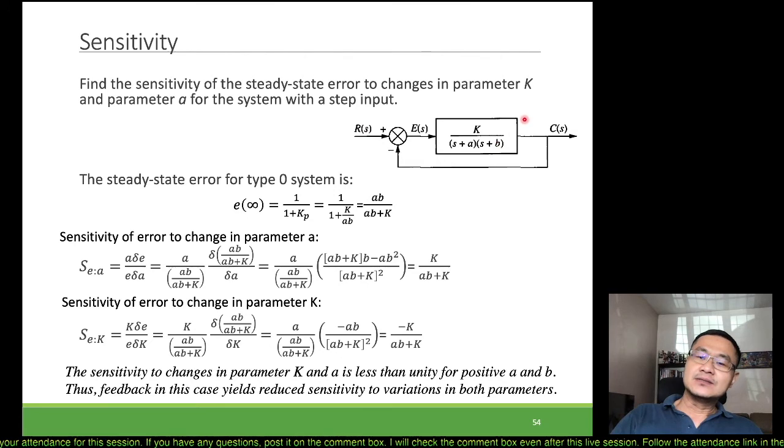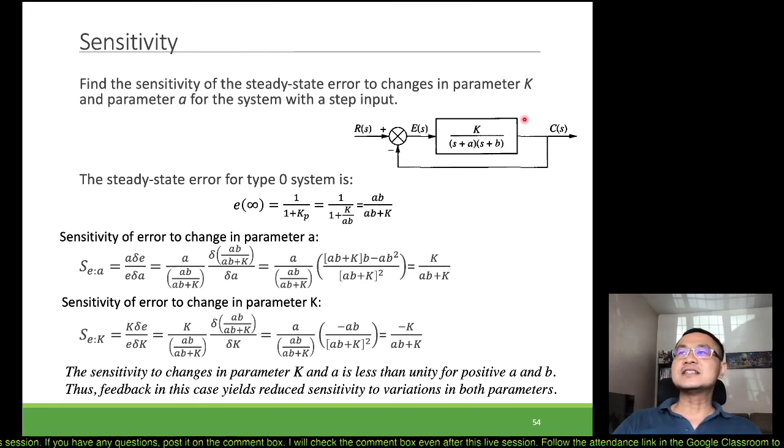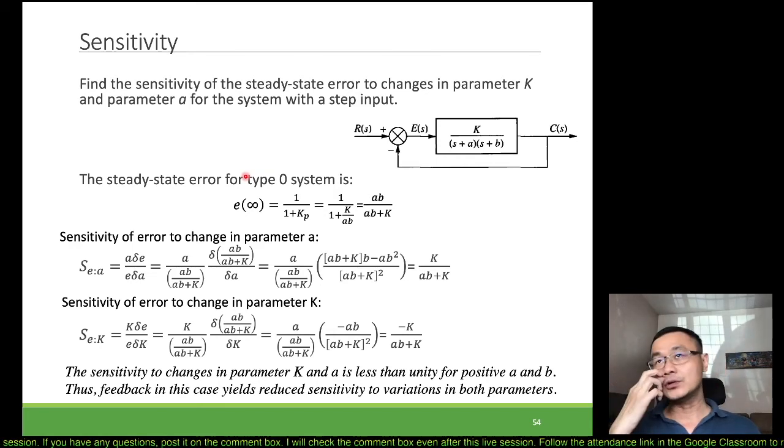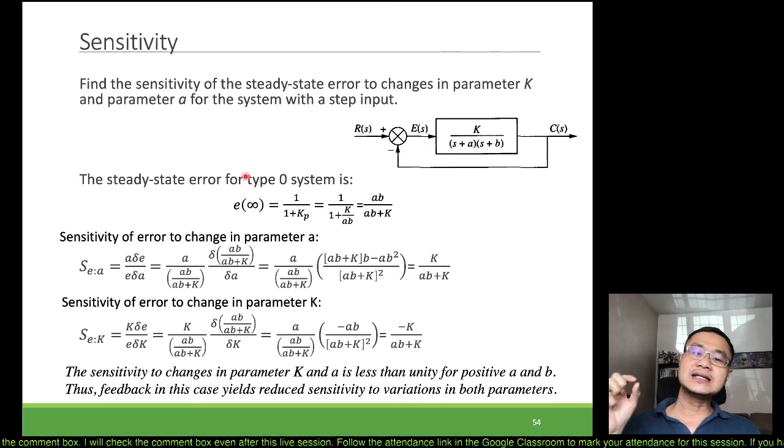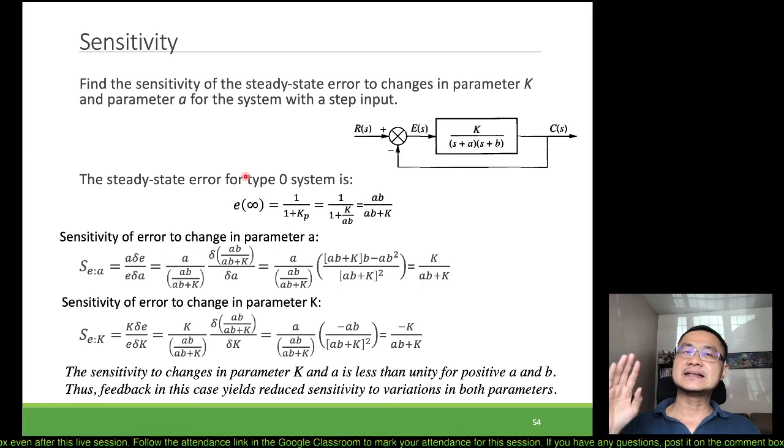When we deal with a step input, we again have to analyze our system type. Here, very obvious, our system type would be type 0, since we don't have an s term at the front. When a type 0 system is subjected to a step input, it will yield a steady state error with a finite value.